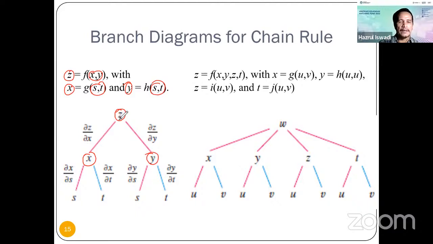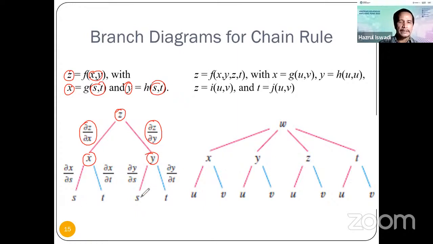If we take the differentiation of z with respect to x, it means this is the partial derivative of z with respect to x, and also z with respect to y, like here. For x, x is a function of two other variables s and t.